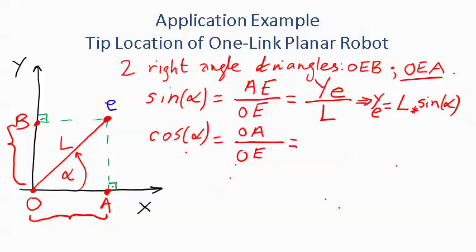OA is the desired quantity that we are interested in finding, the coordinate along the x-axis, and OE is the hypotenuse, which is given by L. And in the next step, if we solve for the unknown quantity XE, we find this to be L times cosine alpha. So here, in this example, we have used sine and cosine identities to solve for the unknown coordinates XE and YE.